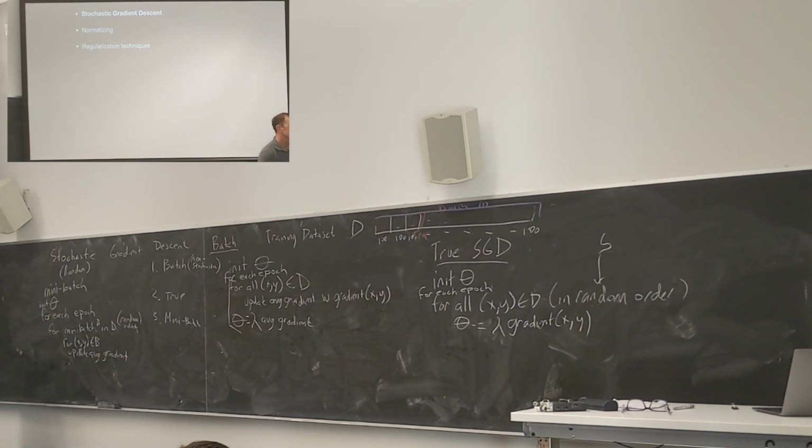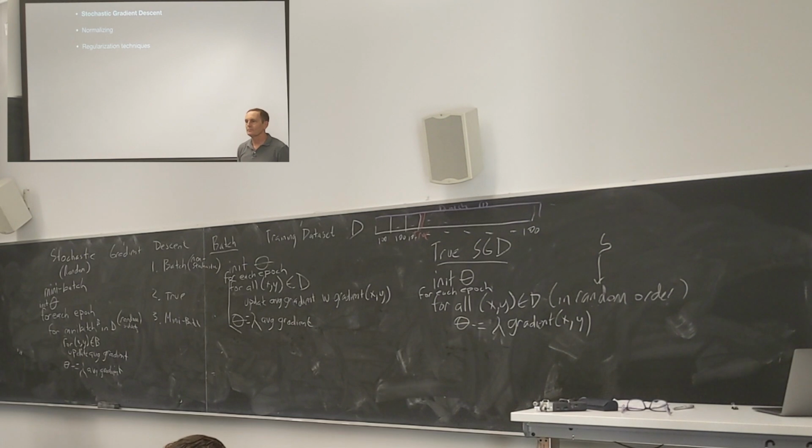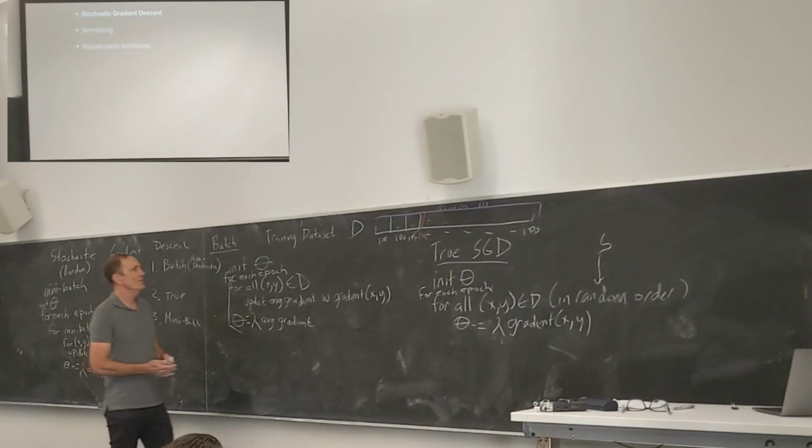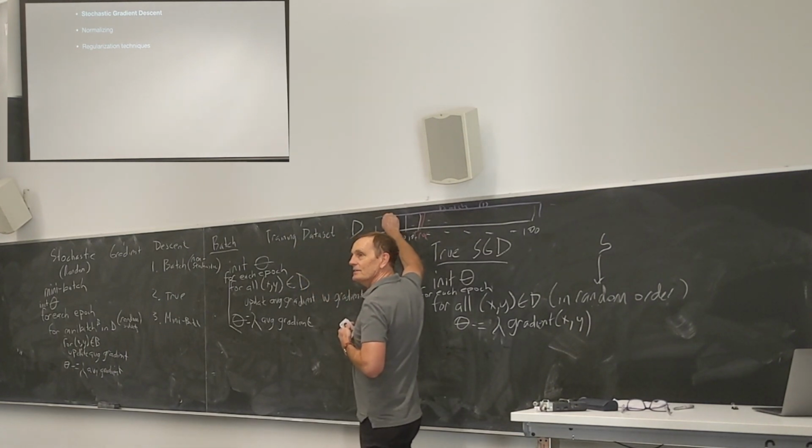And then, after we're done with the entire batch, theta minus equals lambda, that I now remember how to write, times the average gradient. Do you replace when you're taking subsets? Without replacement, yes, without replacement. That is, we are never looking at these again in the same epoch, right? And then never looking at these in the same epoch.